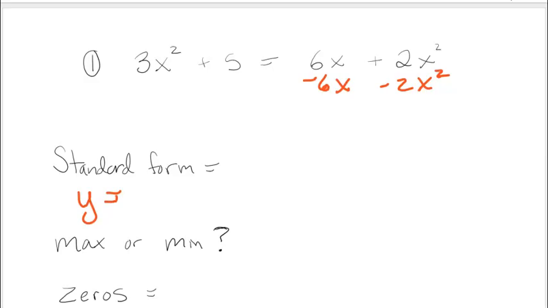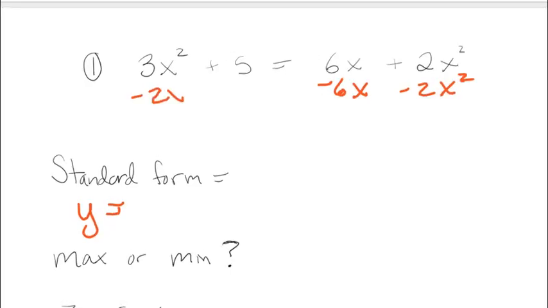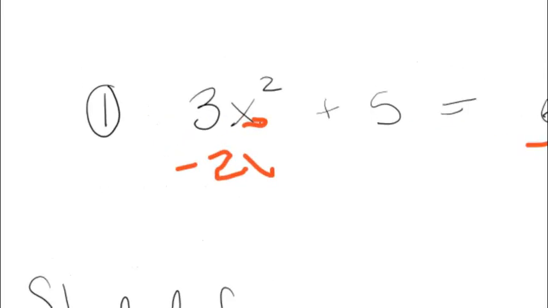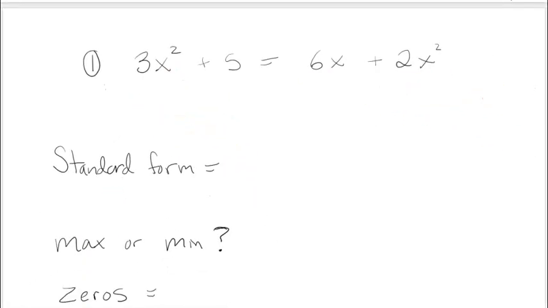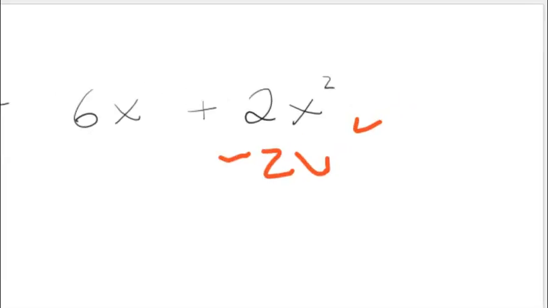So my standard form, y equals, if we have 3x squared minus 2x squared, that's going to give me a 1x squared. When I subtract that, we put this back 6.